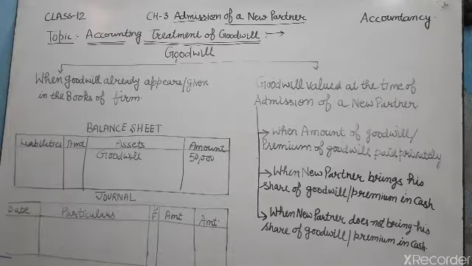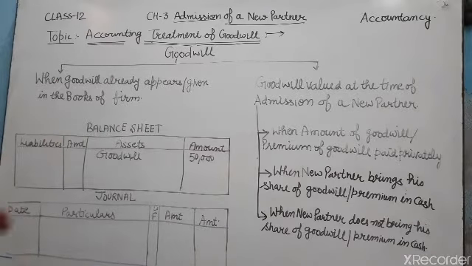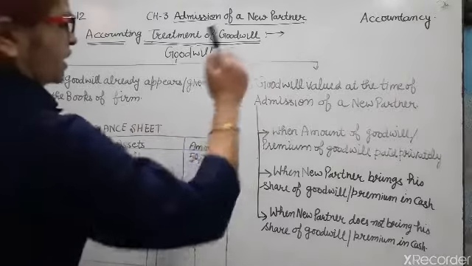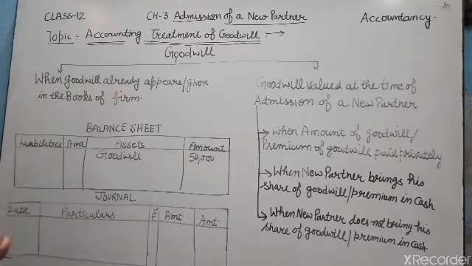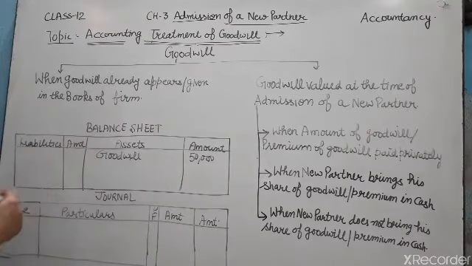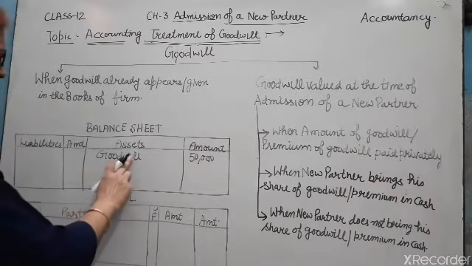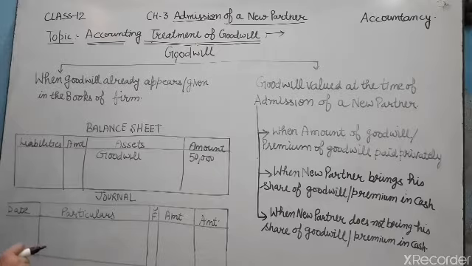So goodwill, at the time of admission of a new partner, in the question is of two types. First, when goodwill already appears or is given in the books of the firm. At the time of admission, the old balance sheet of the firm is given, and on the asset side of the balance sheet, goodwill is written.